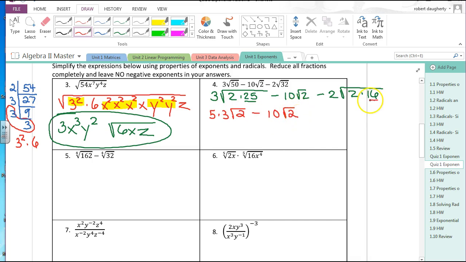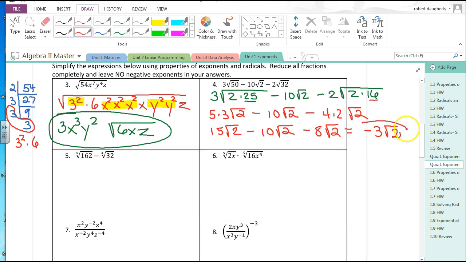In the last case, the square root of 16 is 4. So minus 4 times 2 square root of 2. So I get 15 square root of 2 minus 10 square root of 2 minus 8 square root of 2. 15 minus 10 is 5. 5 minus 8 is negative 3. So negative 3 square root of 2 is my final answer.